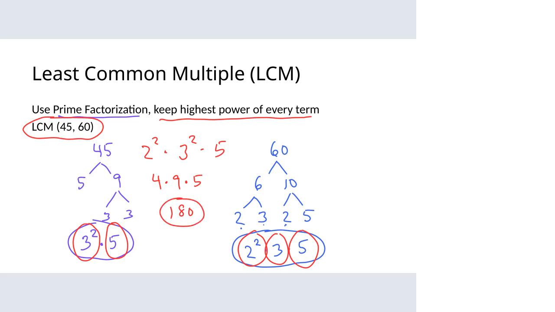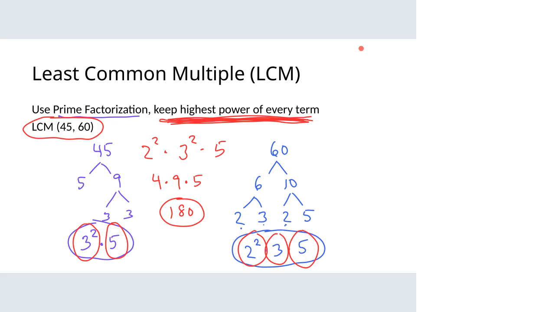That's the smallest number that 45 will go into, that 60 will also go into. When we do this, we find the prime factorization and we keep the highest power of every term. This is union. Greatest common factor was intersection. That's right, we keep them all, not the ones they have in common. For greatest common factor, we keep what they have in common. For least common multiple, we keep the highest power of everything.